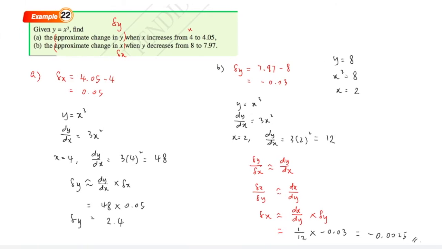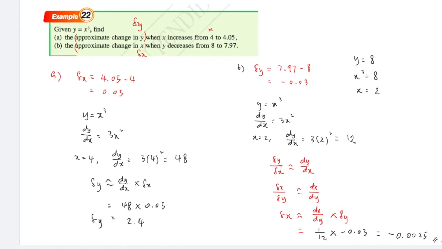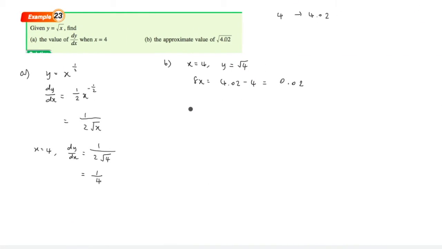This is the formula, we follow this formula. f(x plus delta x) is actually the same as y plus delta y. Or we can just find the delta y first, and later we add the y. So that means if you want to find delta y first, delta y equals dy/dx multiplied by delta x.